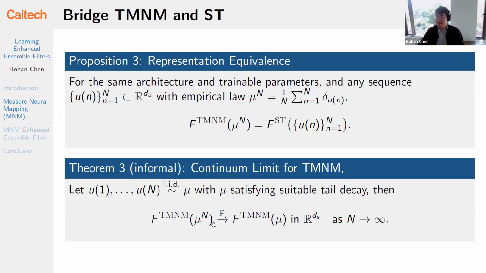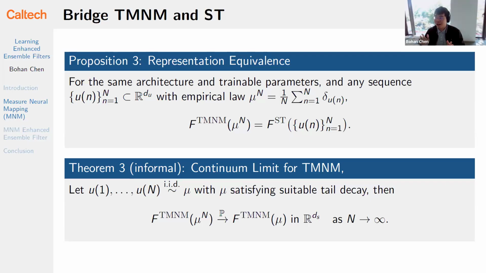Here I want to emphasize that this convergence is in the space R^{d_s}, so it's not in the probability space, it's in the vector space. And this theory is very important and very difficult. That is because although I assume IID for the initial input, the transformer itself is a composition of several attention blocks.